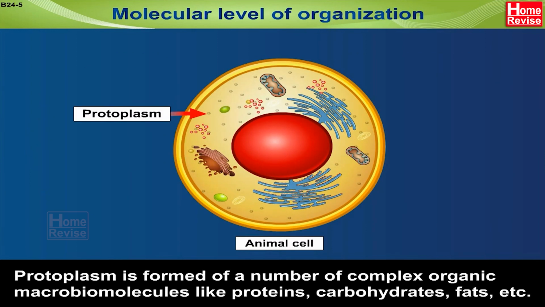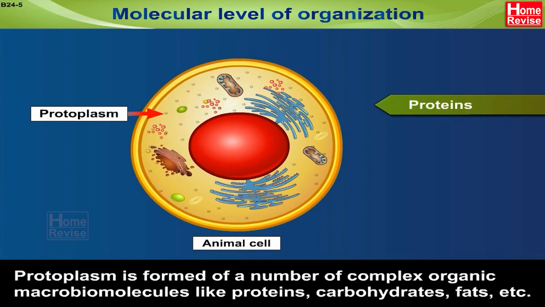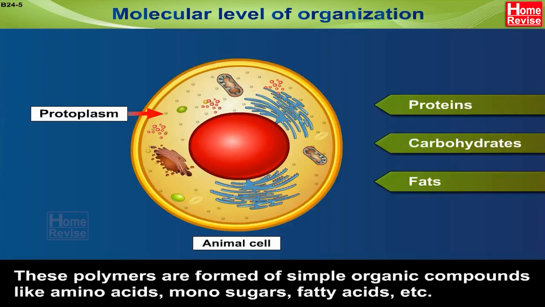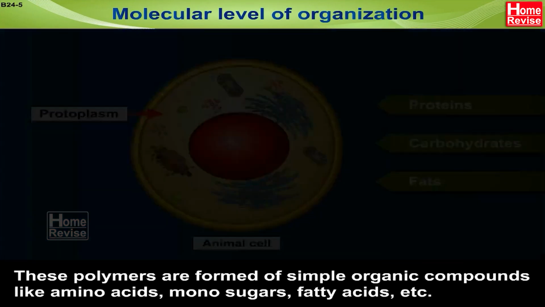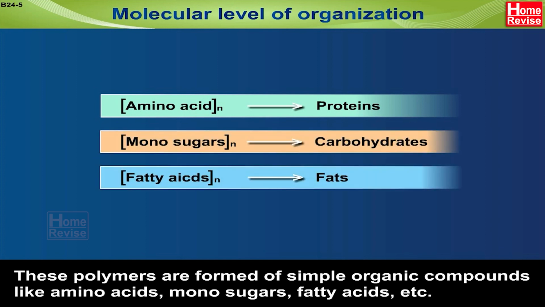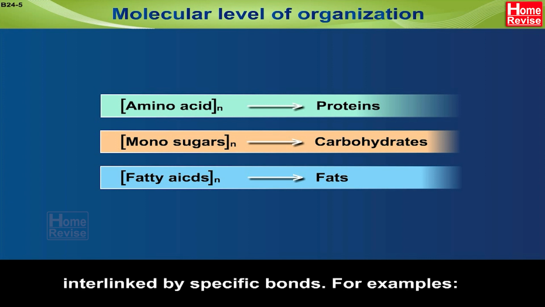Protoplasm is formed of a number of complex organic macrobiomolecules like proteins, carbohydrates, fats, etc. These polymers are formed of simple organic compounds like amino acids, monosugars, fatty acids, etc., interlinked by specific bonds.